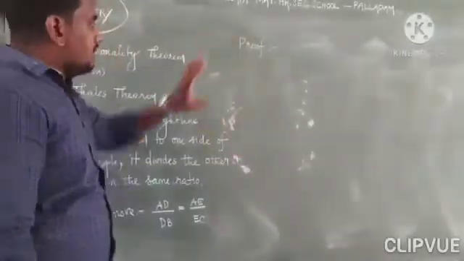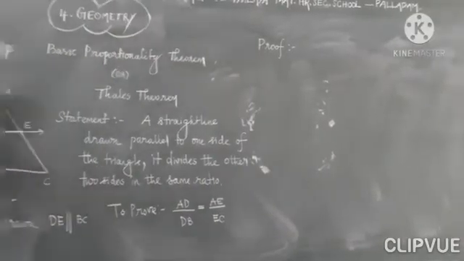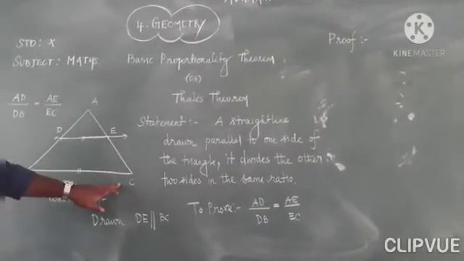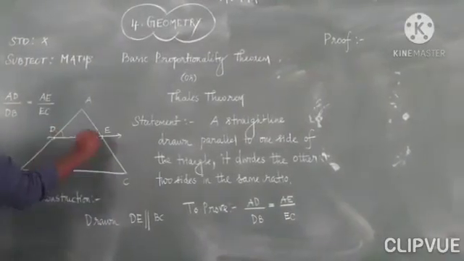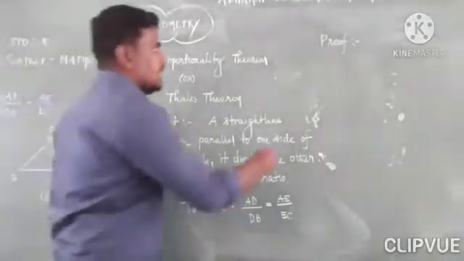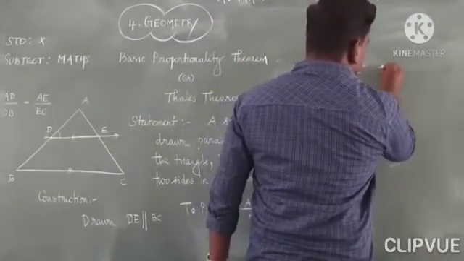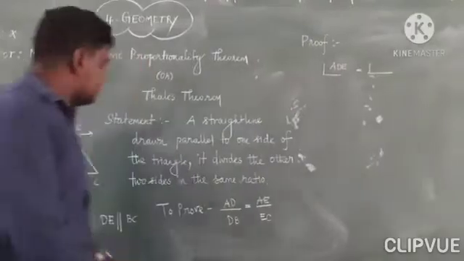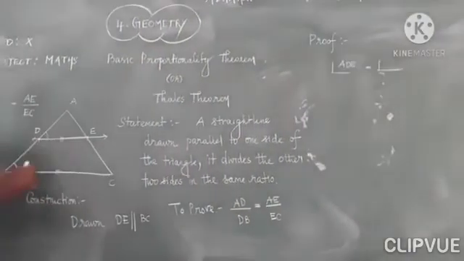So proof. First, I am going to say this triangle ADE is similar to ABC. Okay, so first, the measurement of angle ADE is equal to the measurement of angle ABC. What are these two angles?